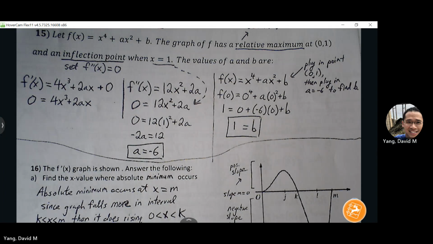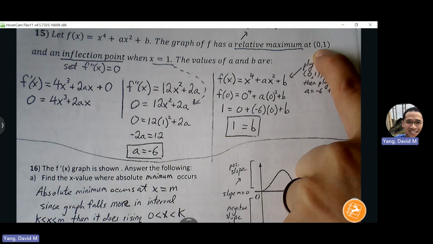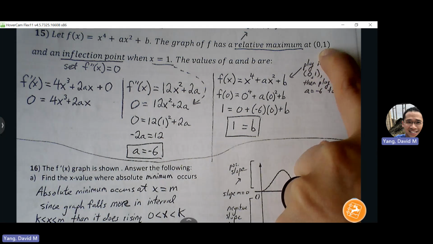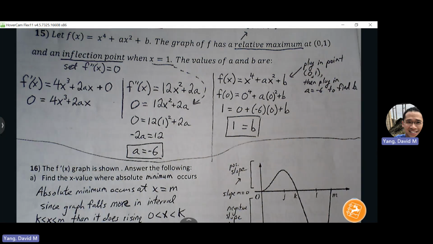No, (0, 1) goes into the original function, not into the derivative. Because if I plug 0 into x, the 1 is for the y value. It's not the slope value. This is the ordered pair at the function level, not at the f prime level.